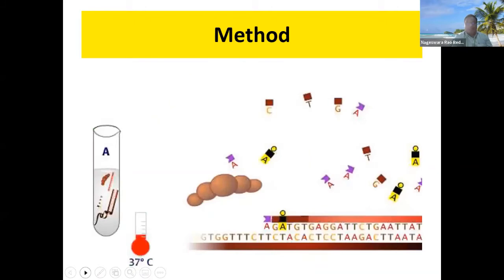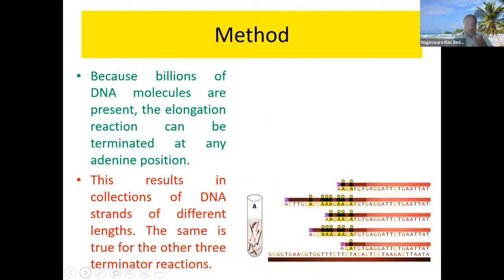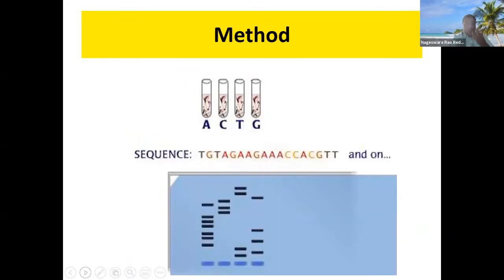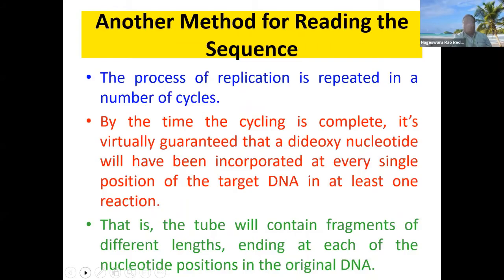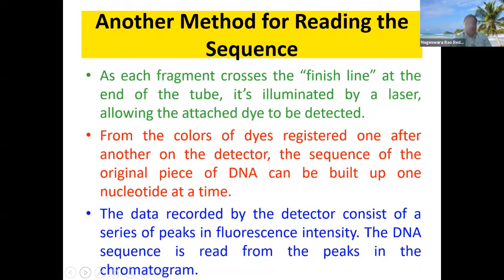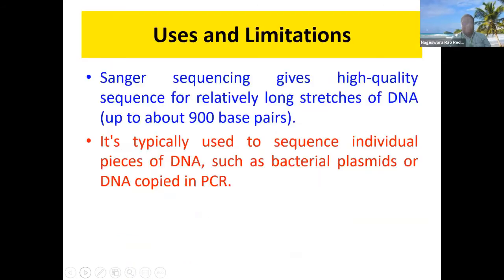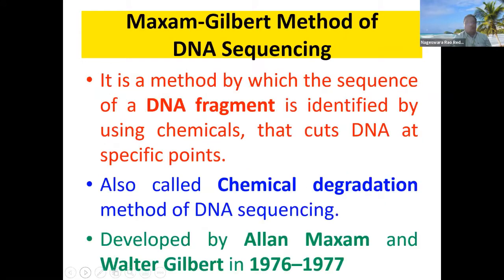So this is all what we have learned in the previous session. In this we have learned how to derive the sequence, and we have seen how the DNA sequencing has improved from manual to automated, and how we are getting the DNA sequence here. You have seen what are the uses and limitations.